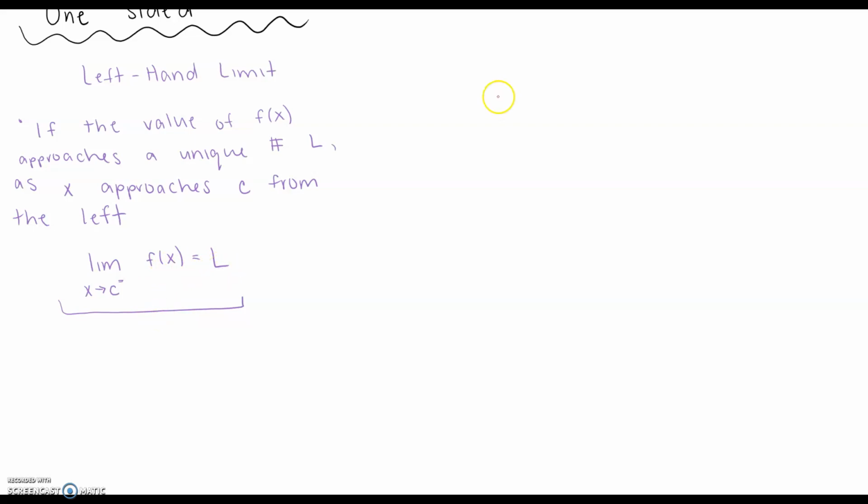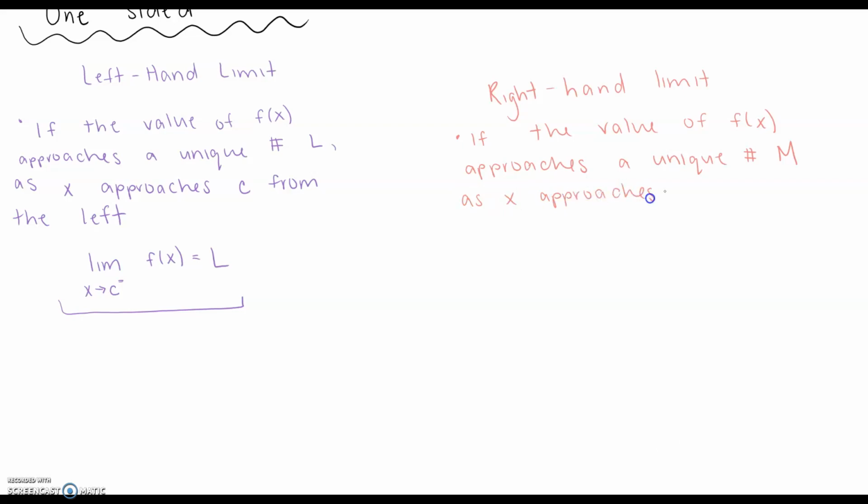All right, so then let's talk about right-hand limit. So if the value of f of x approaches a unique number, let's call this one M, as x approaches C from the right, then we would write it the limit as x approaches C, and then from the right we do a positive sign.